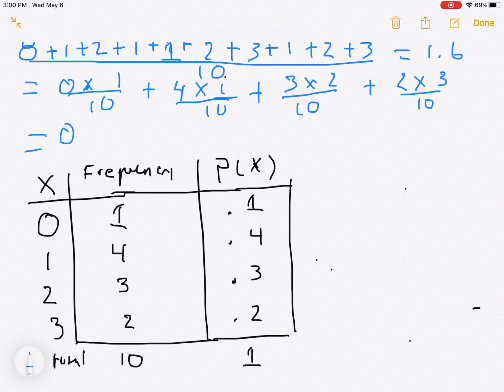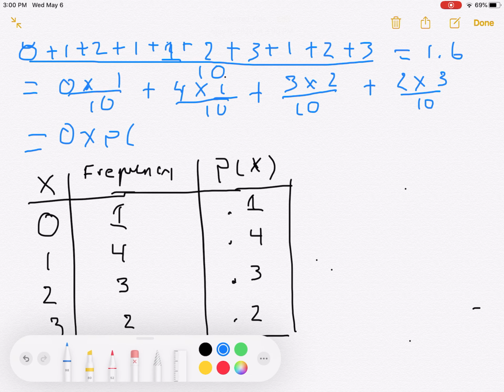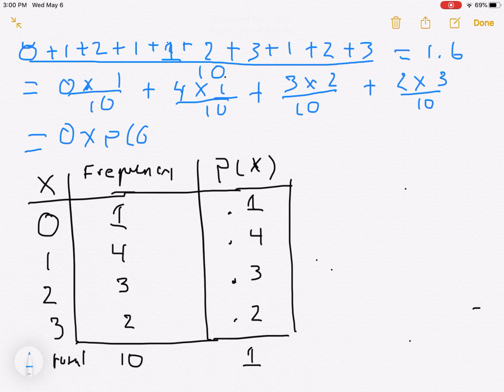This is going to be 0 times the probability of 0, plus 1 times the probability of 1, plus 2 times the probability of 2.